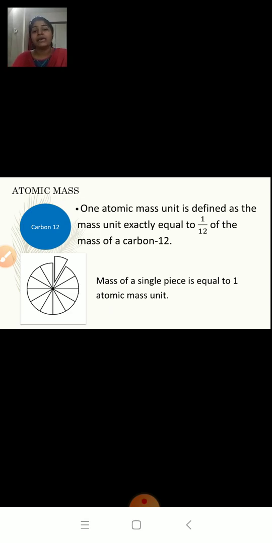So can I say the mass of one piece is equal to 1 atomic mass unit? Yes, because 1 atomic mass unit is exactly equal to 1/12th the mass of carbon 12. And this is how we calculate the atomic mass of any other atom.